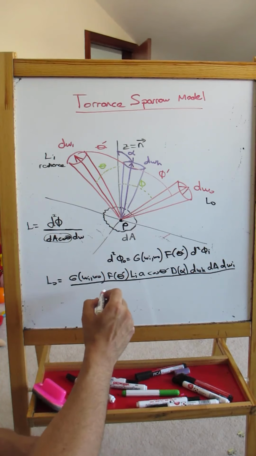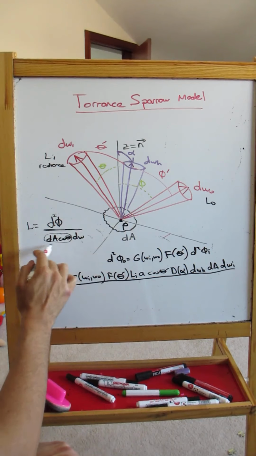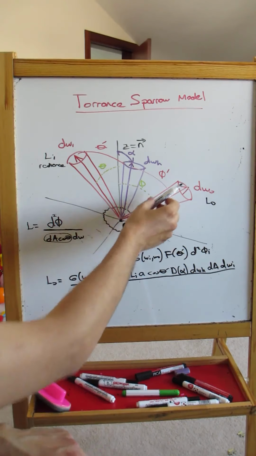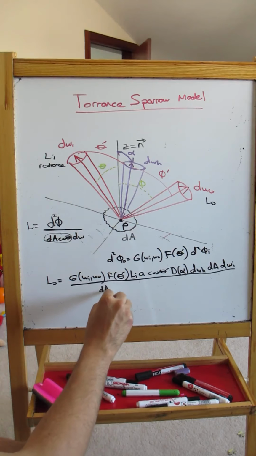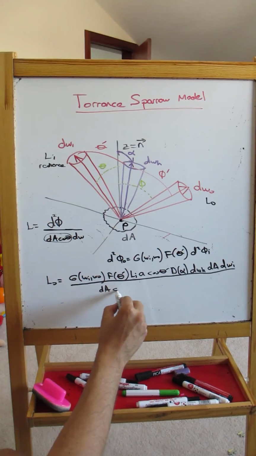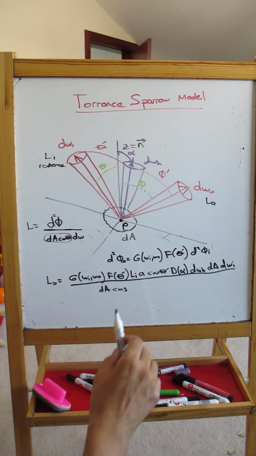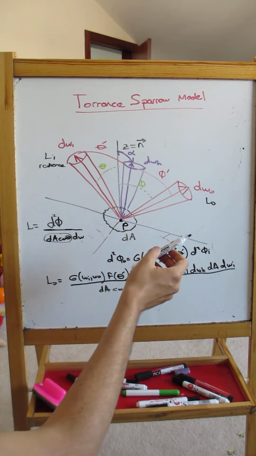So how are we going to obtain this? So we are going to have this surface, basically the projected area of this surface along the outgoing direction. So this is equal to dA, okay, and this is important, cos. So what is the projected area of this surface along the outgoing direction?